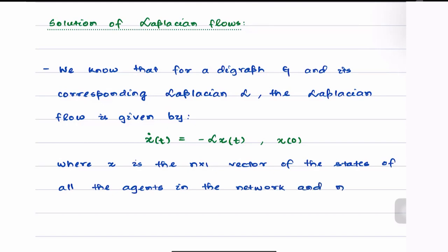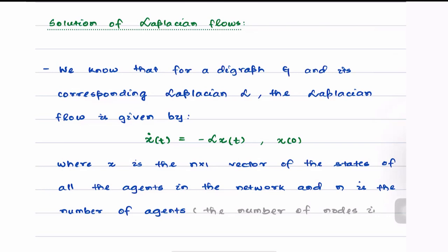And n is obviously nothing but the number of nodes, the number of agents in the network, or equivalently, the number of nodes in G. Okay. This is the framework that we have.